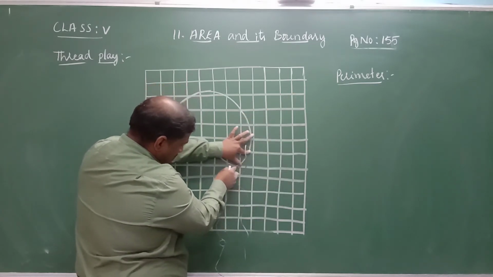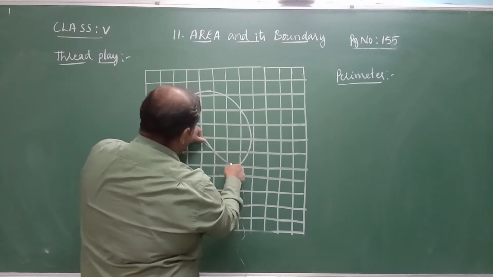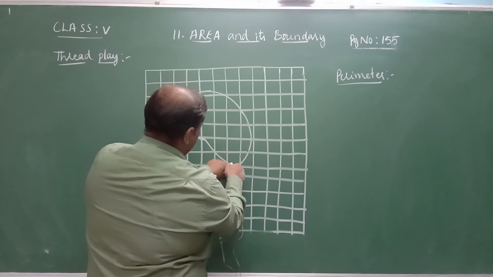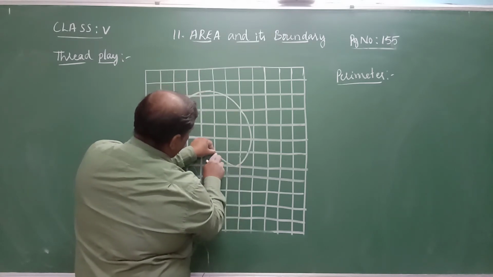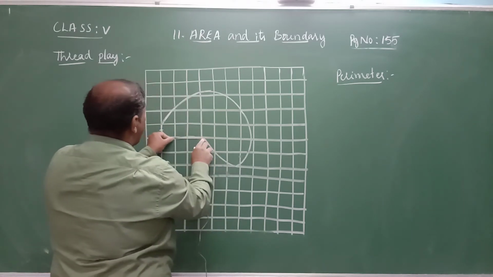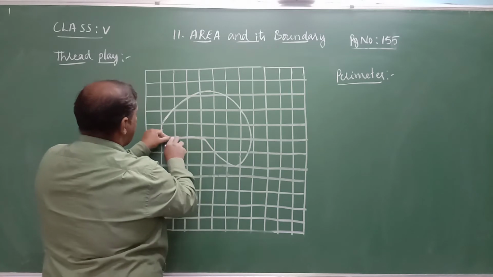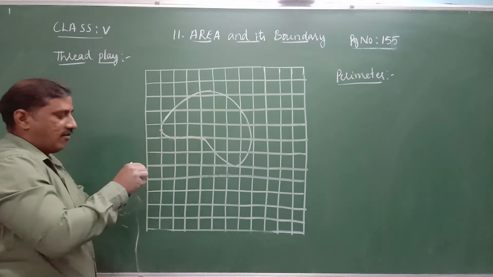And then from here to this corner, and again from here to this corner, curved shape. Are you able to see this? Yes. Then from here to this, then from there to here, and then this curved shape. So like this we will measure, till here.